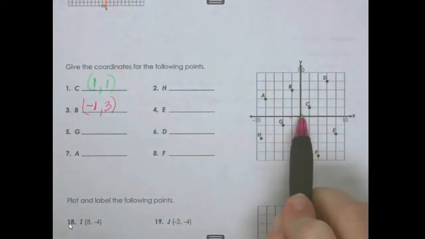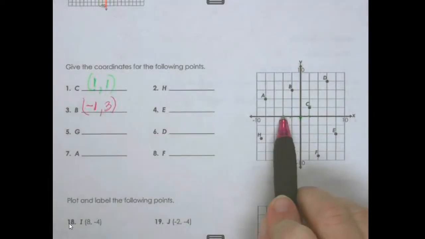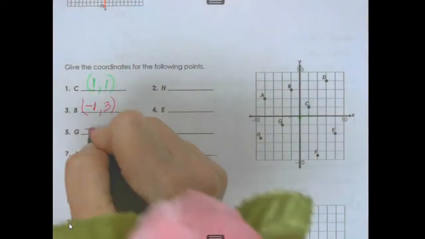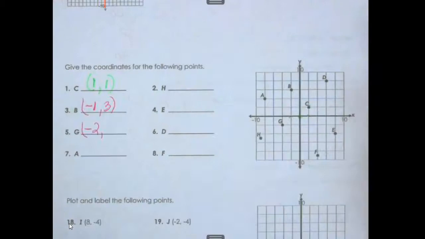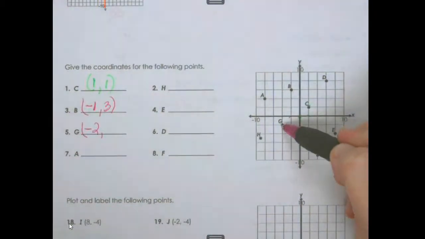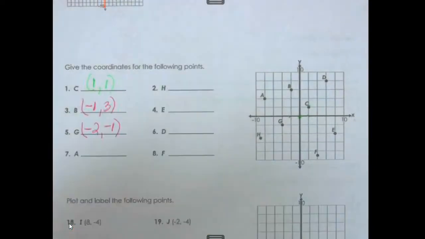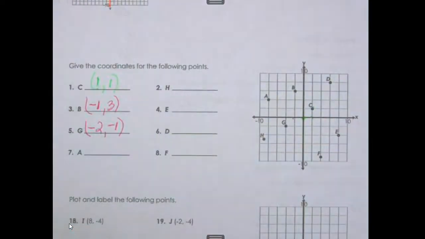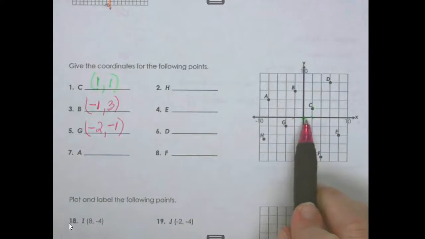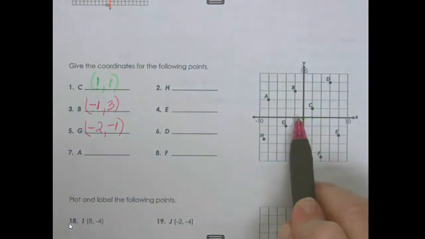G. You always start at the origin. Here's G. I'm going to go over 1, 2. So that's going to be -2. And I'm going to go down to -1. A, start at your origin. Go over how many places?